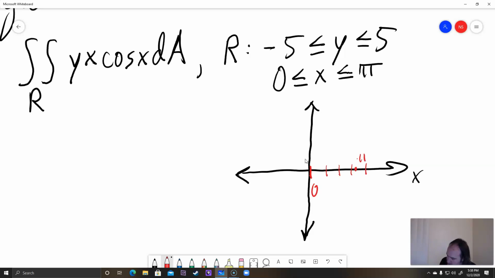So there's pi. And then we know that y goes from -5 to 5. So it goes down to -5, and it goes up to +5. So our region is going to go just like this.